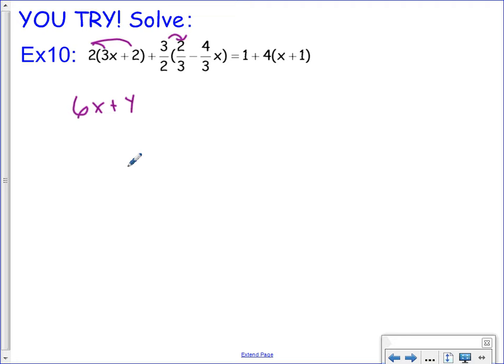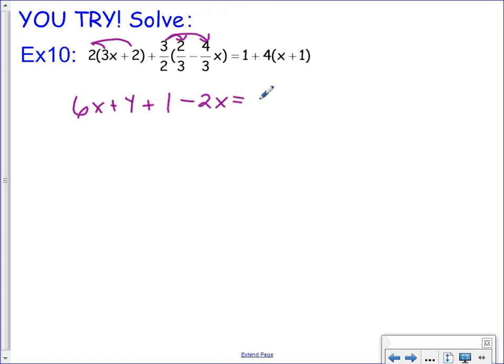Oh, good old inverse property. 2/3 times 3/2 is 1. So it's 1. And over here, the 3 cancels the 3, and the 2 goes into 4 twice. So this is minus 2x. Again.